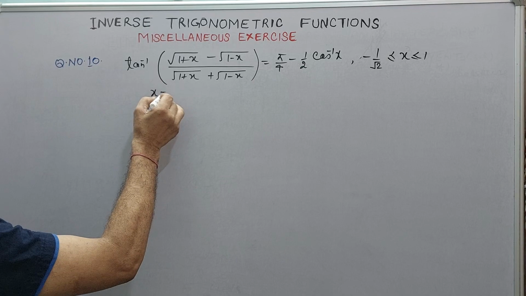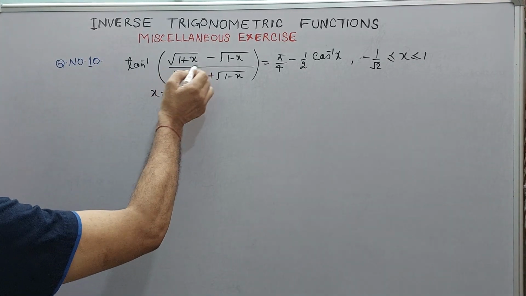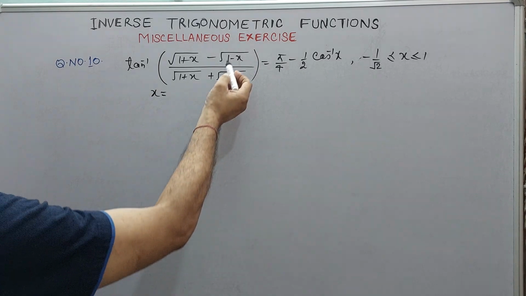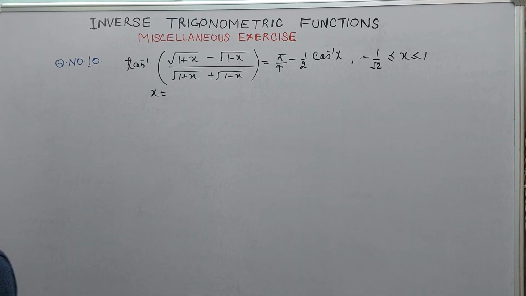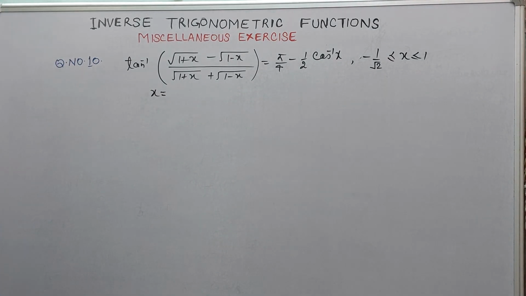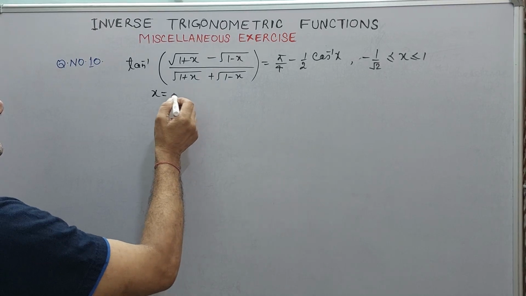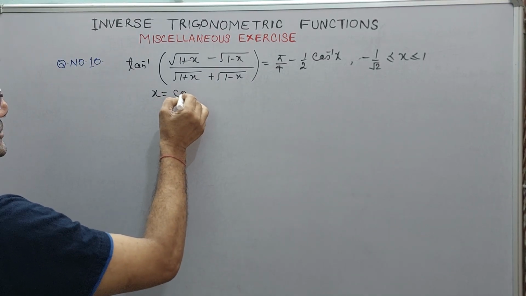theta. If I put x is equal to cos 2 theta, so this expression under the square root, that is 1 plus x and 1 minus x, the root will be very simplified. The root will be cancelled. So put x is equal to cos 2 theta.